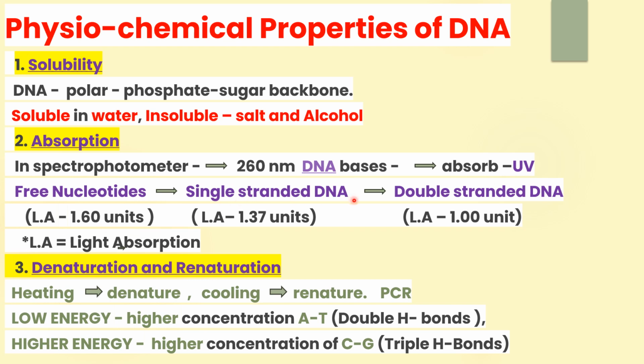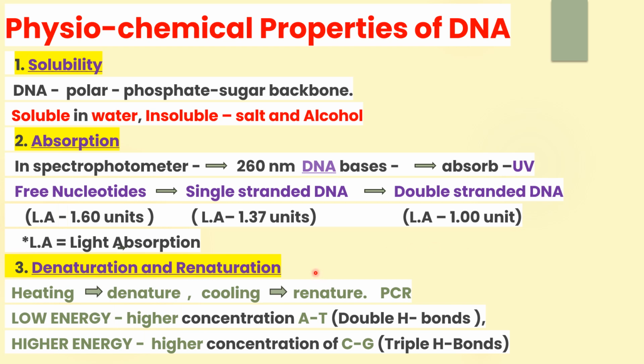For single-stranded DNA, the light absorption is 1.37 units. And for double-stranded DNA, the light absorption is even lesser, that is 1 unit only. So maximum for free nucleotides. Then single-stranded DNA has lesser light absorption, followed by double-stranded DNA, even lesser.